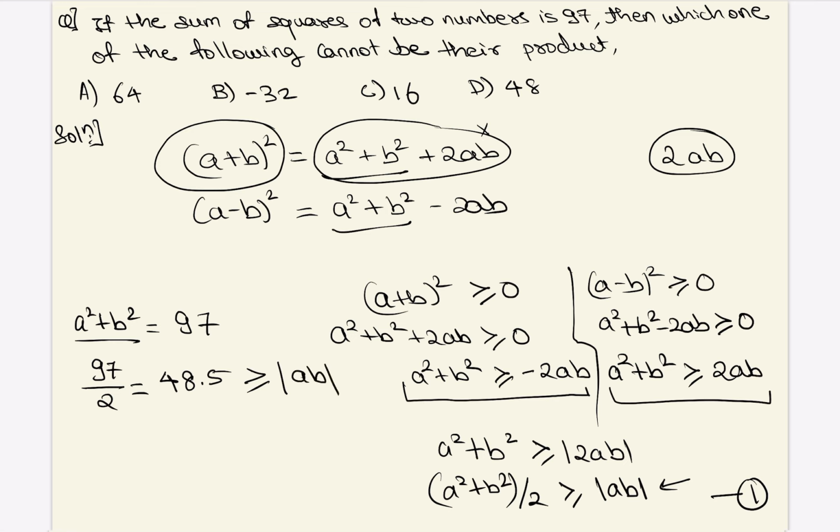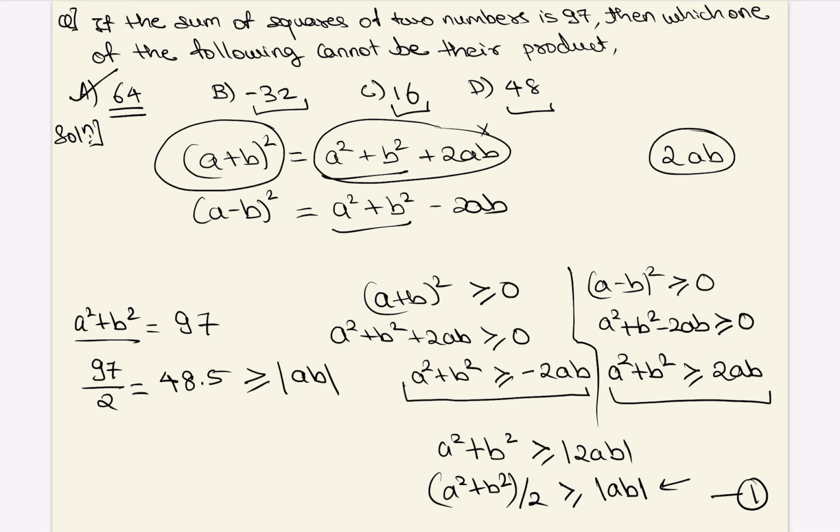Now in the options given, mod of 48 is less than 48.5, 16 is less than 48.5, minus 32 has mod 32, which is also less than 48.5, but 64 is not less than 48.5. Hence option A is my answer.